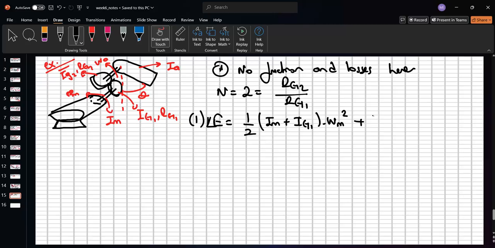And also 1 divided by 2, we have two values, Ia plus Ig2, right? Should be given in here. This is the arm inertia, this is the G2 times Wa square, right? Right? And also we need to give one more parameter in here.